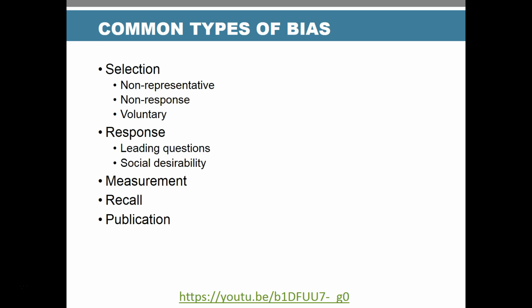Another one is recall bias. When we're asking people to tell us information about things that happened a while ago, they may or may not remember that. What they're going to default to is what their usual habits are. So I don't know what I ate for breakfast last Tuesday, but I might think, okay, on Tuesdays, I usually have a meeting at work at 9 o'clock.